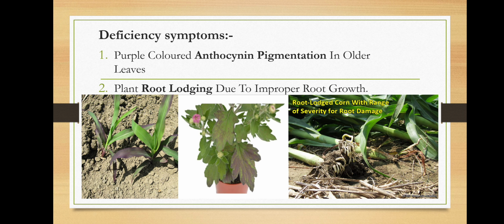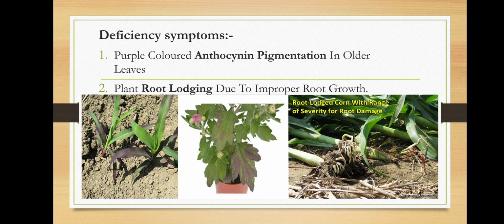Another main important symptom, at later stages, at the peak of deficiency, is root lodging. All the plants will fall off and the roots will appear upwards, because there is no proper root growth. The main role of phosphorus is proper root growth.